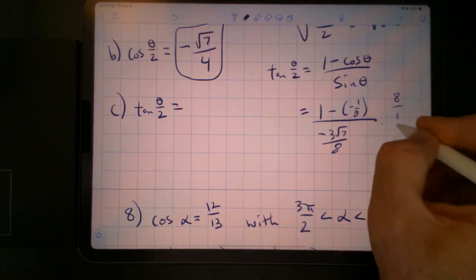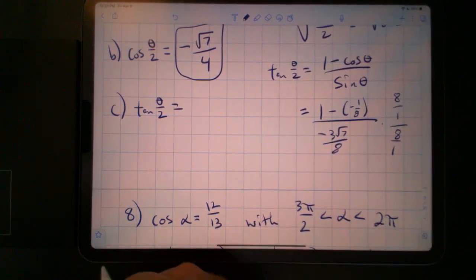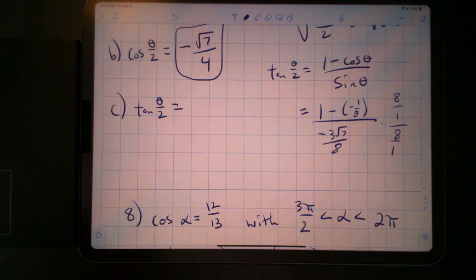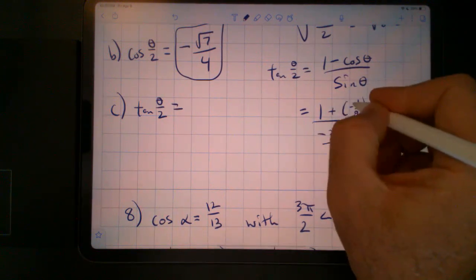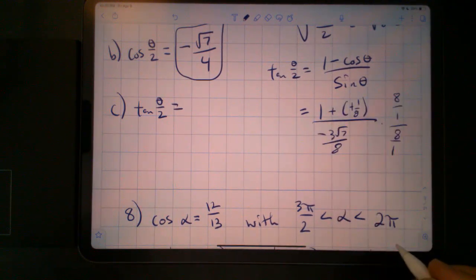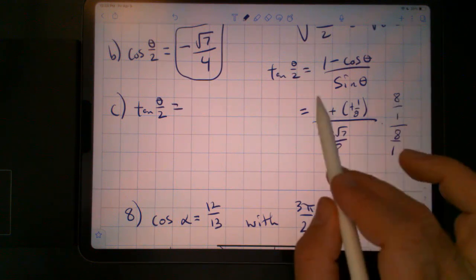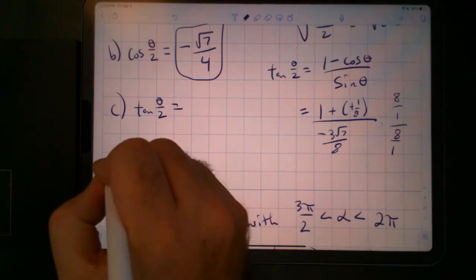Times this by 8 over 8. And this will give me, also we can add the opposite. So 8 times the first term gives me an 8.